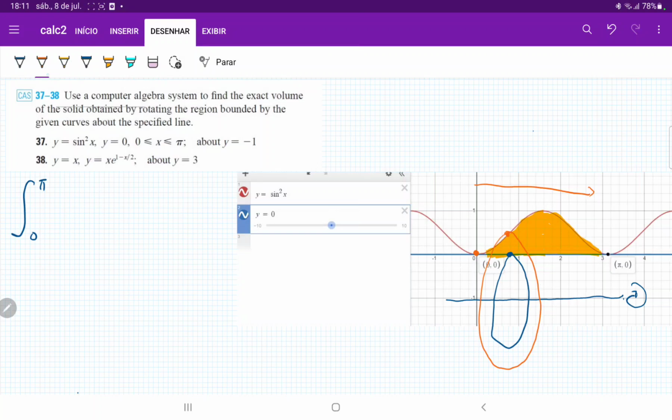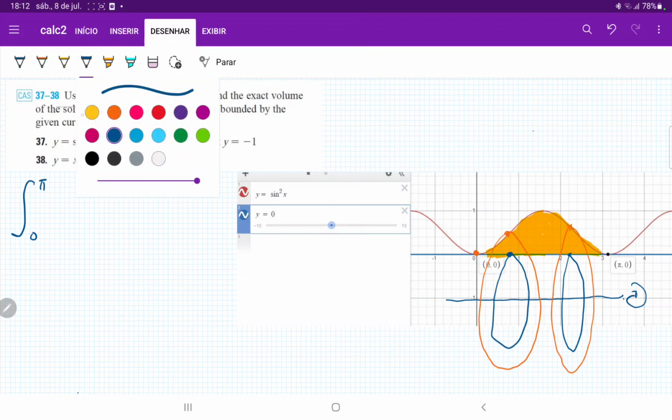We're going to end up having a bunch of these disks that go like so. And when we sum up all of them across the x-axis, we're going to end up with a volume. Now, our volume is going to kind of look like this horizontal cylinder with a hole drilled through it. So we just have to figure out how to calculate these disks, right?